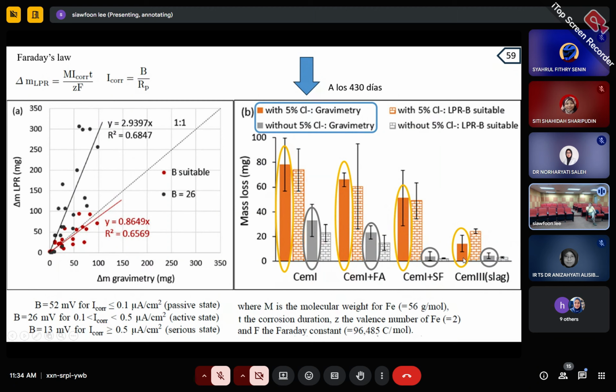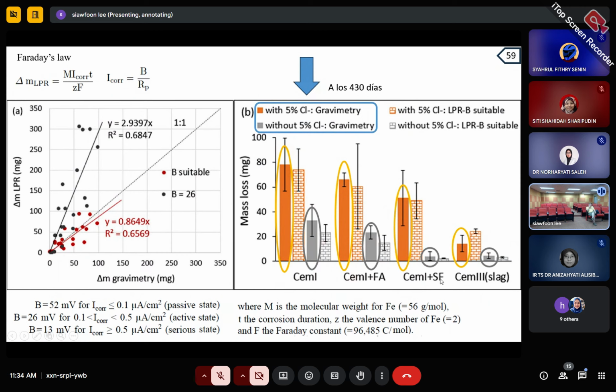You can see the steel embedded in the concrete containing cement 3 slag has less corrosion, because the steel lost very little mass compared to the Portland cement, which means this cement 3 slag can prevent this high concentration of chloride ion, 5%, from corroding the steel.